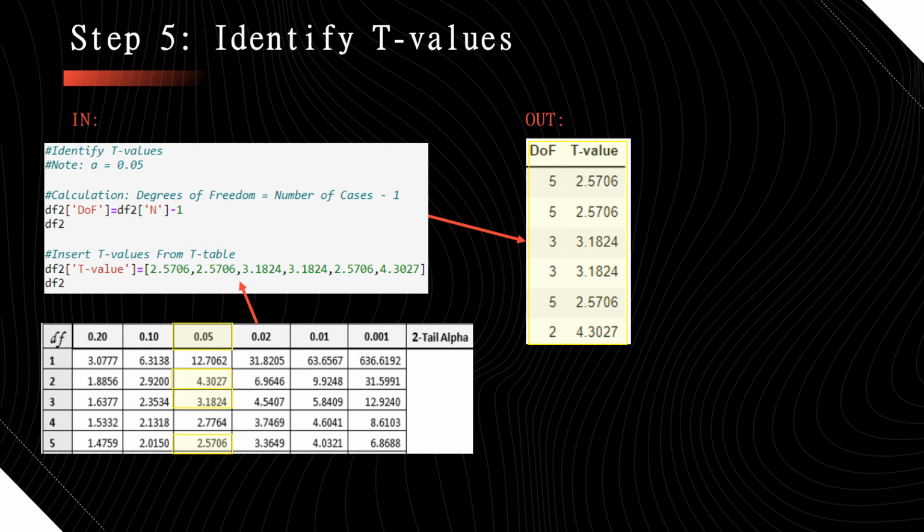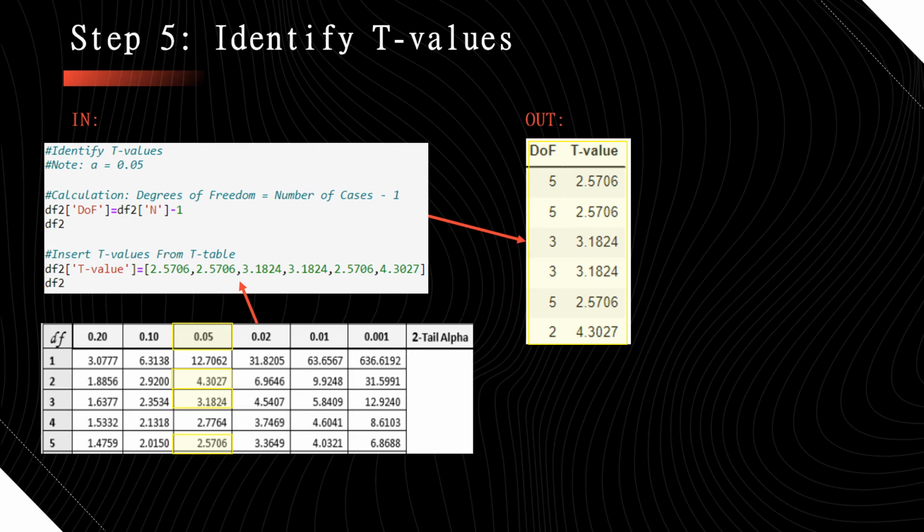Step 5, we will identify t-values. To identify t-values, we need to first calculate degrees of freedom, which equals number of cases minus 1. Once the degrees of freedom are calculated, we will look them up using a t-table, which is available via a Google search.